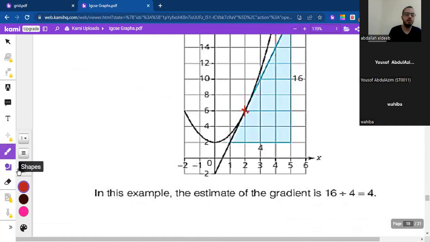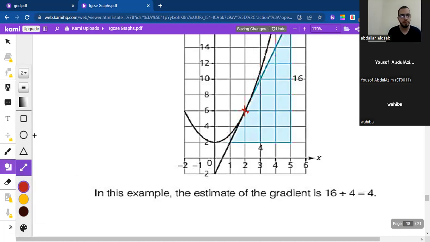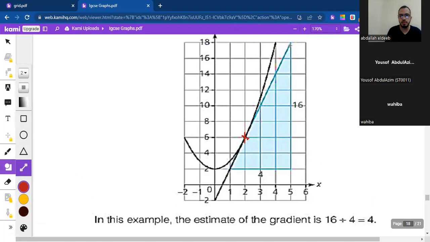Then you draw the tangent here, and try to be accurate. Use a sharp pencil to be as accurate as you can.